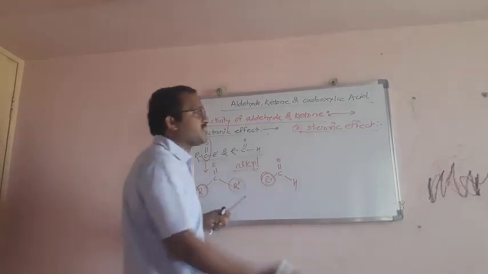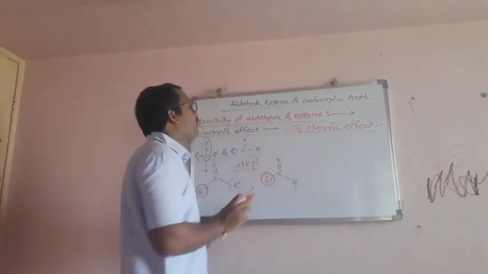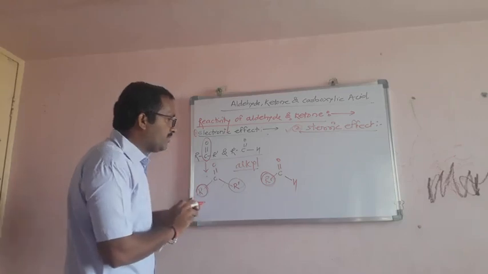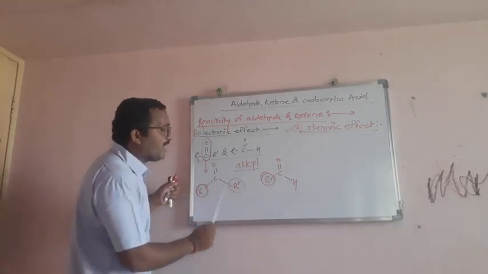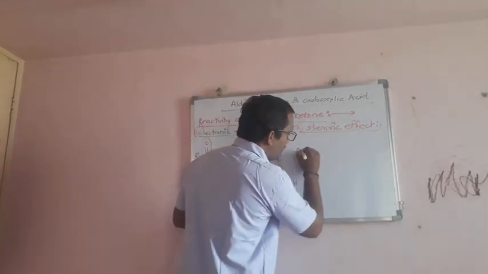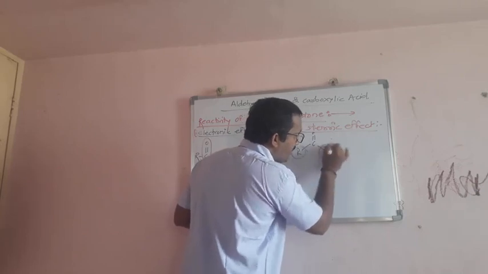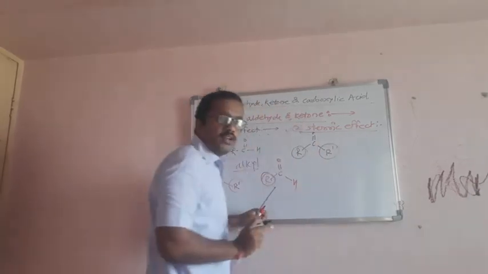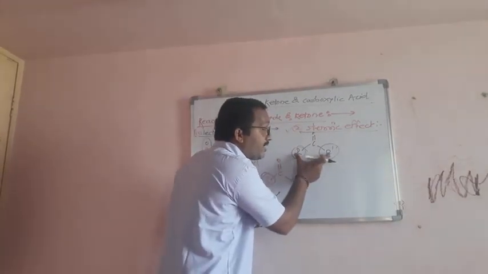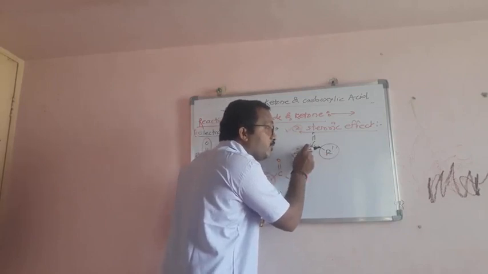The next effect which explains the reactivity of aldehydes and ketones is the steric effect. In the ketone, that is R C double bond O R dash, two alkyl groups are bonded to this carbonyl carbon. It means two bulkier, heavier alkyl groups are bonded to this carbonyl carbon.